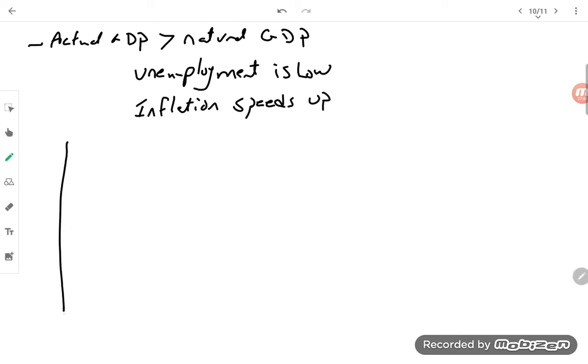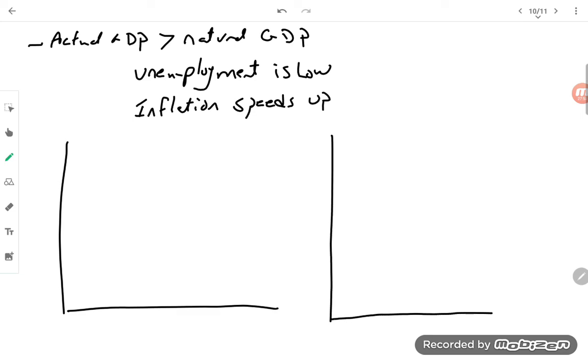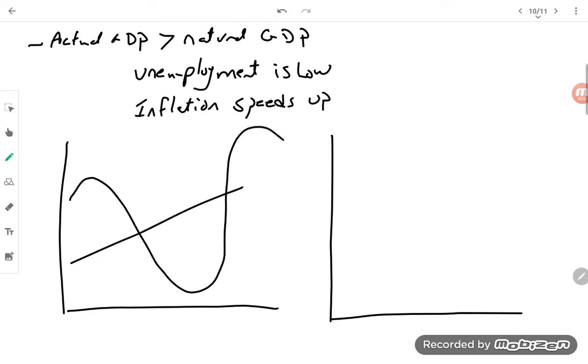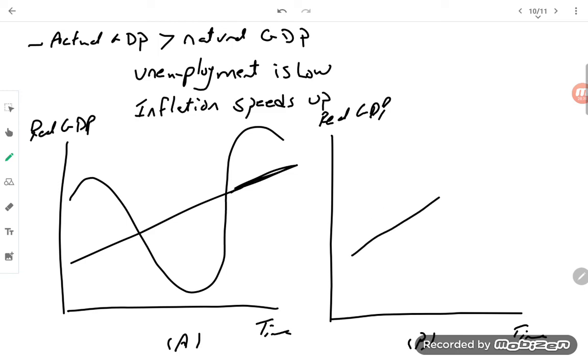So if we have these two different figures, we can realize that panel A fluctuates more than panel B. There is an economic failure in panel A compared to panel B. Panel A volatility is much higher than volatility in panel B.